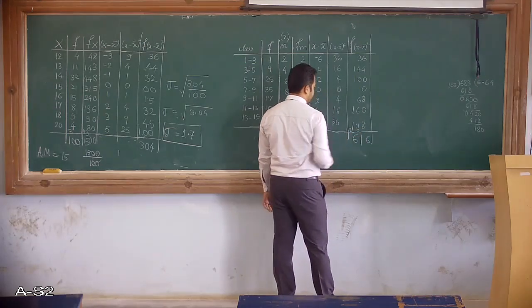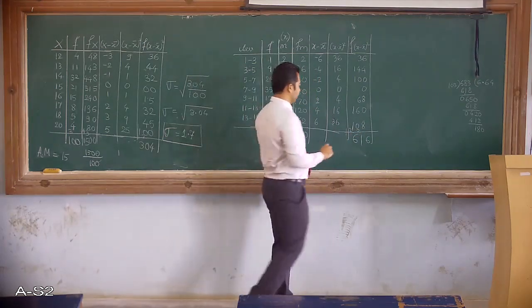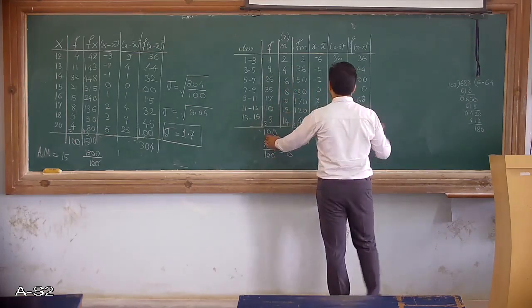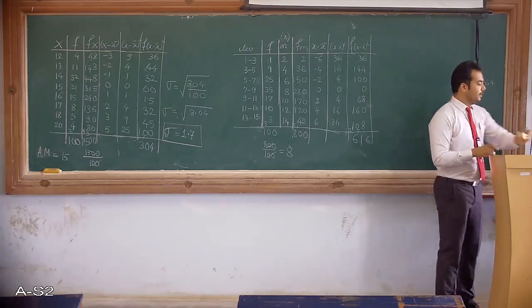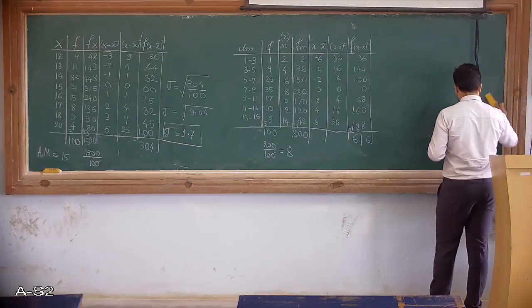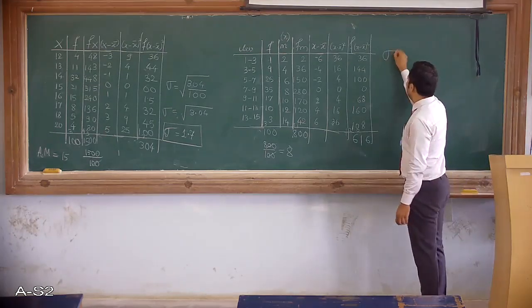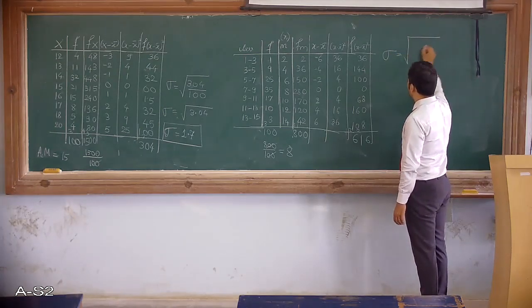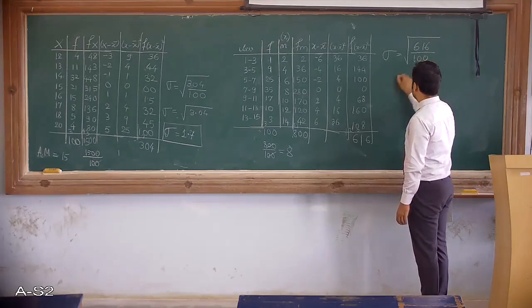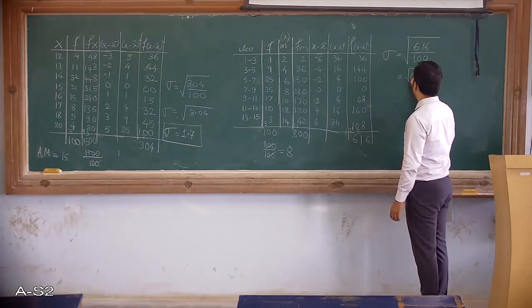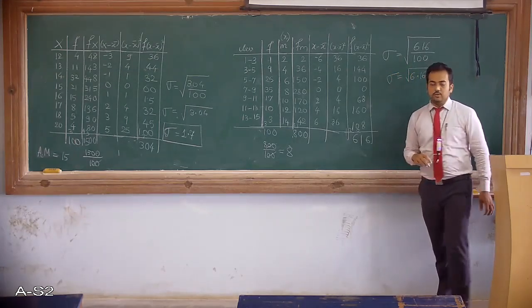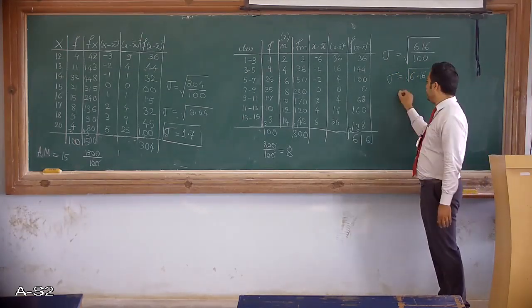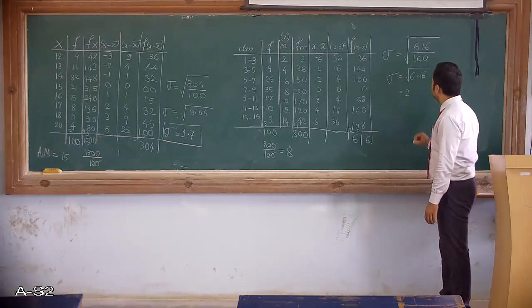So what we have calculated is 616, and our frequency summation is already calculated, which is 100. As per our formula of standard deviation, it is the square root of 616 divided by 100. So this is nothing but the square root of 6.16. The square root of 6.16 would be 2 point something.